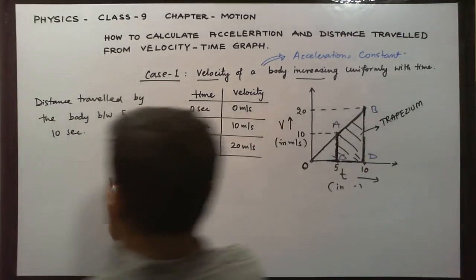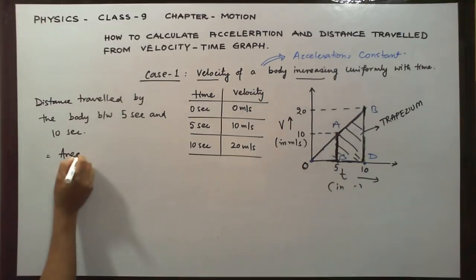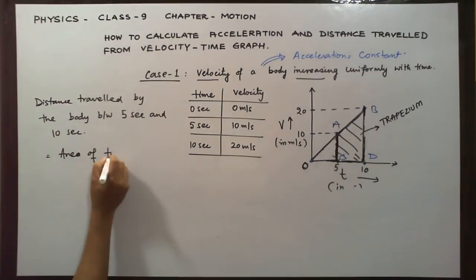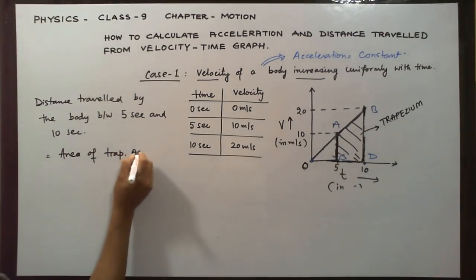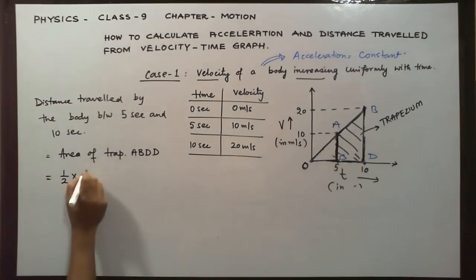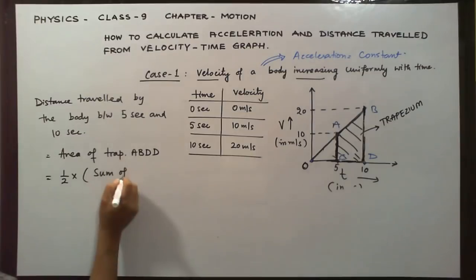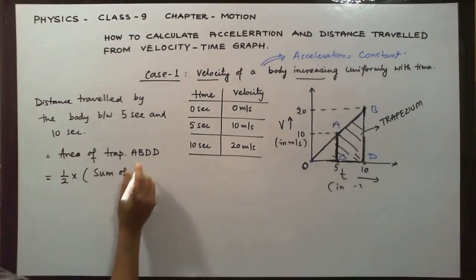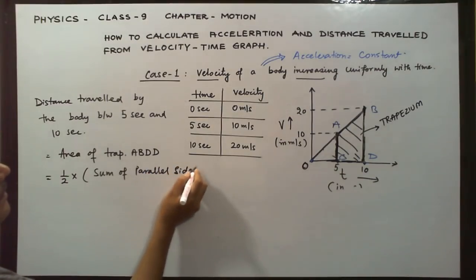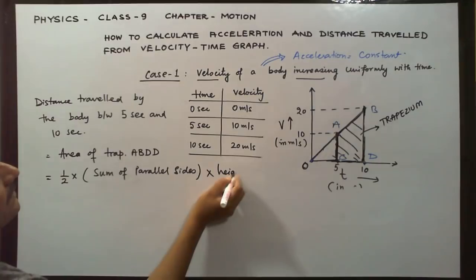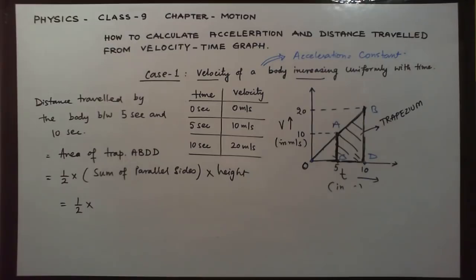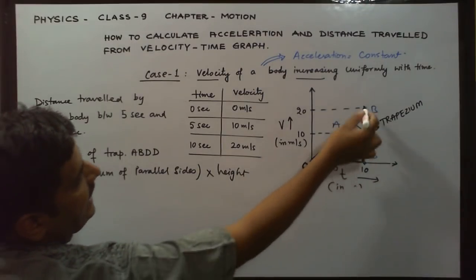So this is equal to the area of trapezium ABDC, and this is half into sum of parallel sides multiply height. What are the parallel sides here? We have got AC and BD.